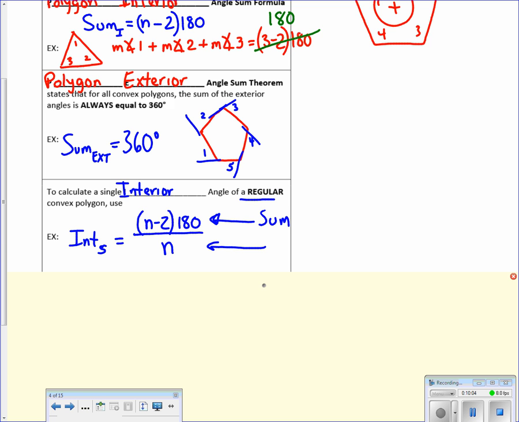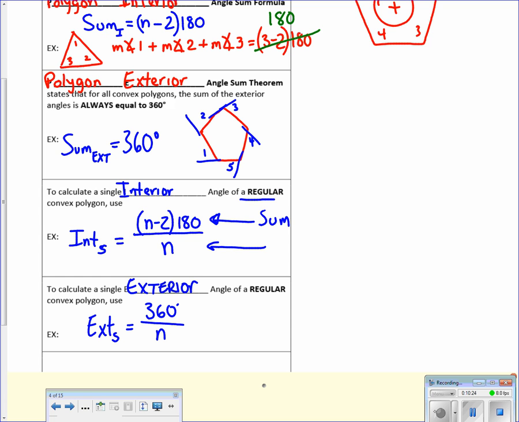It evenly distributes the total sum of all the angles and divides it evenly among each one of the angles. So every angle inside this regular polygon would be exactly the same. We'll see an example of that in the video for 1.8.